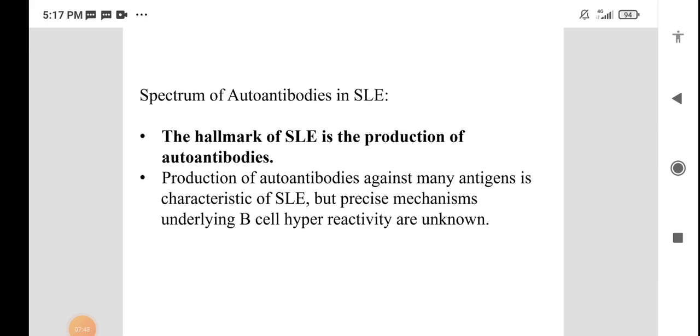The hallmark of SLE is the production of autoantibodies. Production of autoantibodies against many antigens is the characteristic feature of SLE, but the precise mechanisms underlying B cell hyperreactivity are unknown.